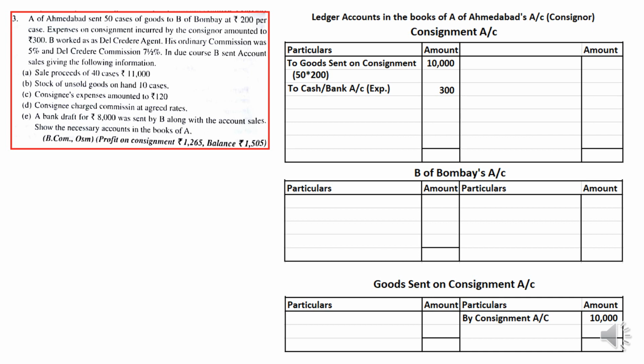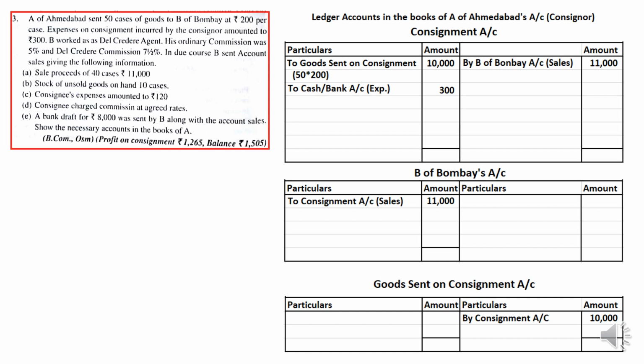Then further, B sold goods, 40 cases, for rupees 11,000. So in the consignment account we write by B of Bombay account, that is sales 11,000, and in the consignee account we have prepared, that is B of Bombay account, there we will write on the debit side to consignment account, that is, in brackets I have written sales 11,000.